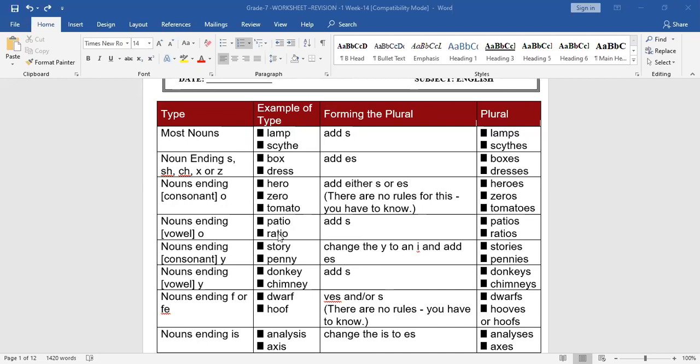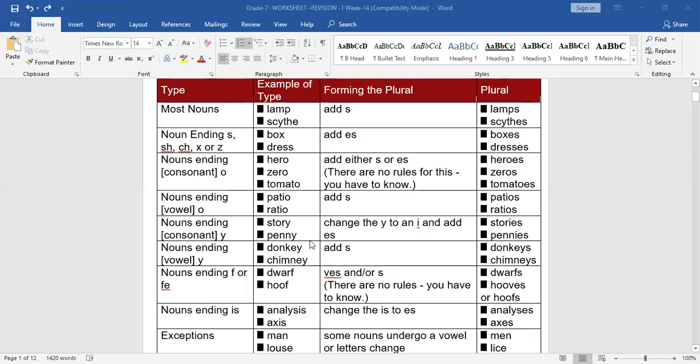If I pronounce ratio, you can see at the end it is a vowel sound. Hero has a semi kind of sound, not a full one, so that's why it's a consonant here and a vowel there. If it's a vowel, we just have to add s.